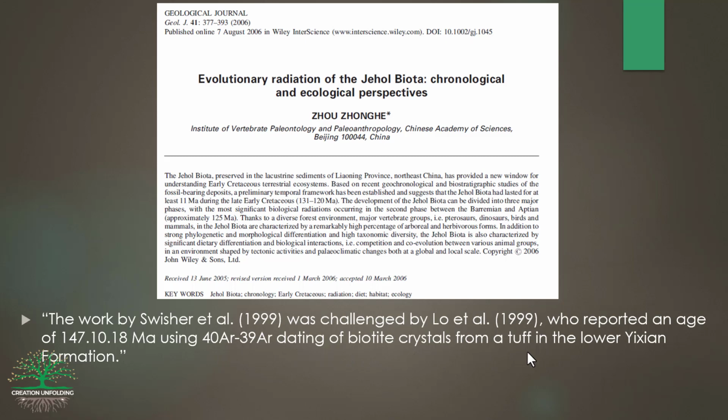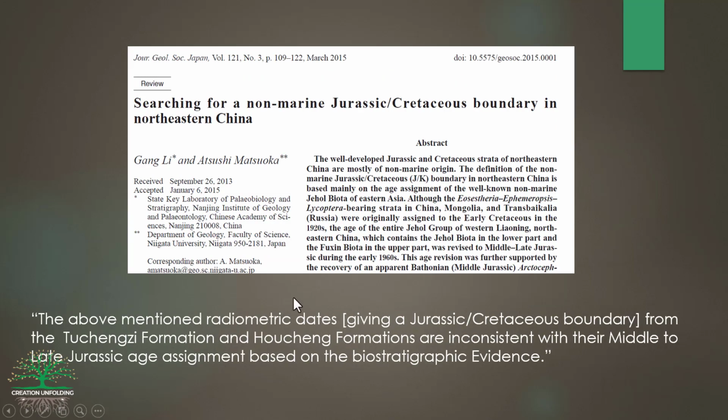So, what's it going to be? Again, you've got all of these dates that are getting sort of mixed up. Here is another paper that was published just in 2015, again talking about some of these issues.